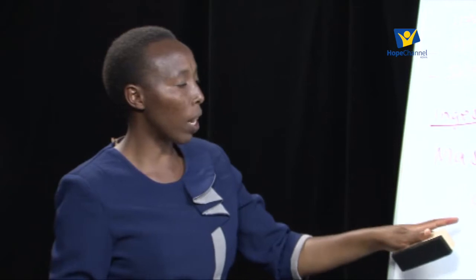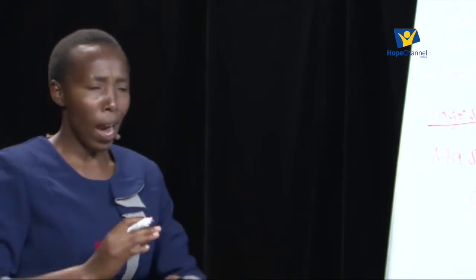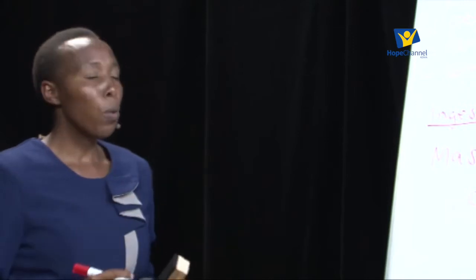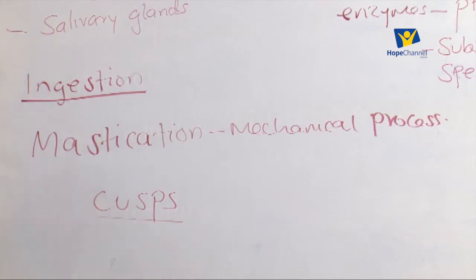The molars and the premolars have the cusps, which provide a large surface area for grinding the food. Why are we grinding the food in the mouth? We want to increase the surface area for the enzymes in the mouth to break down that food. Of course, we know that in the digestive system, we have enzymes that are going to break down the food. So we want to break down the large food particles into small particles so as to increase the surface area for enzyme action.